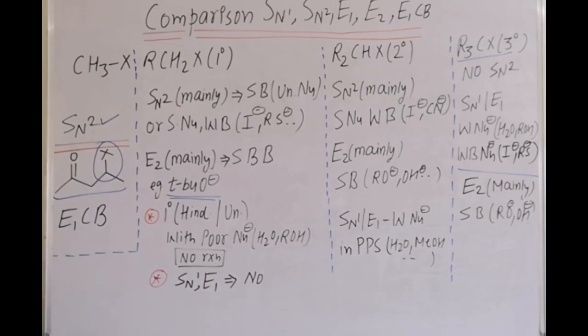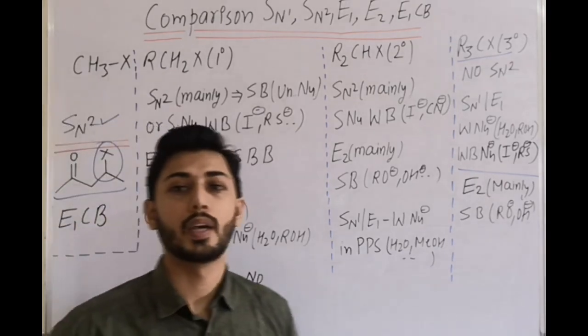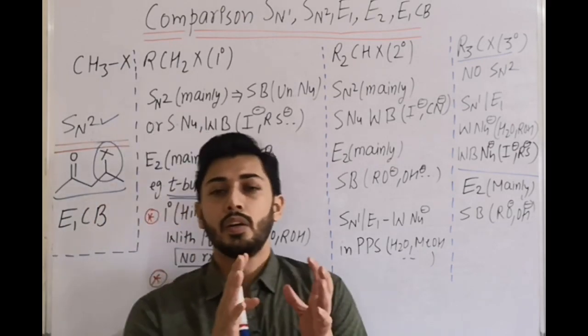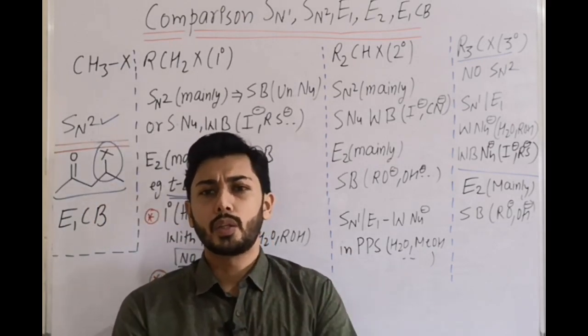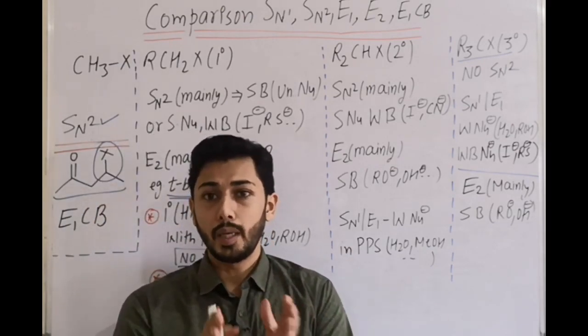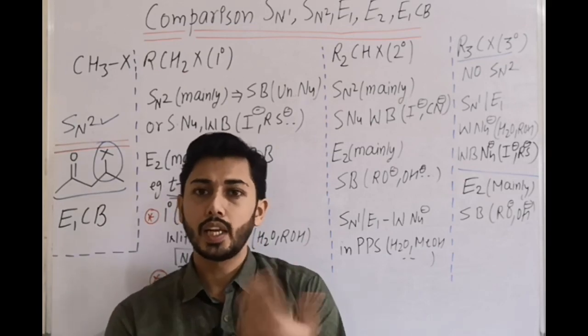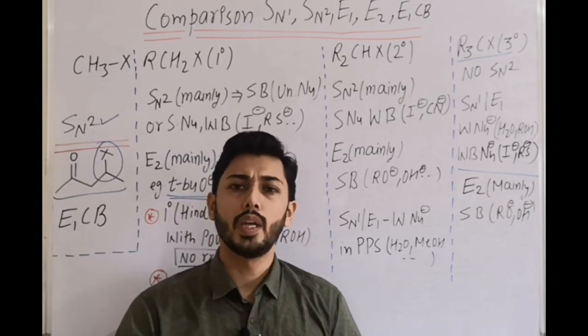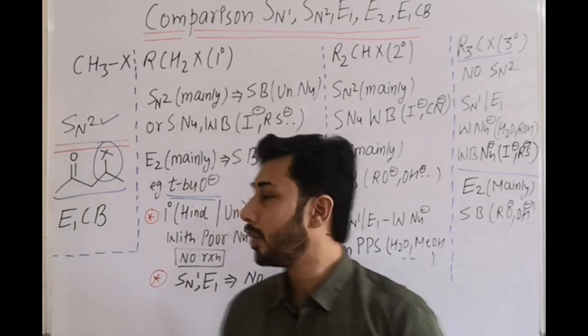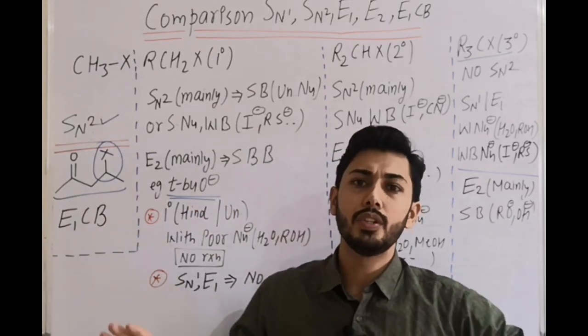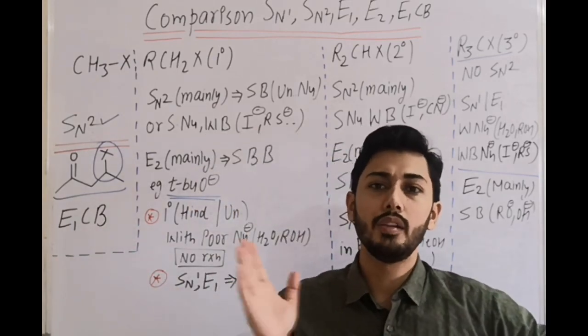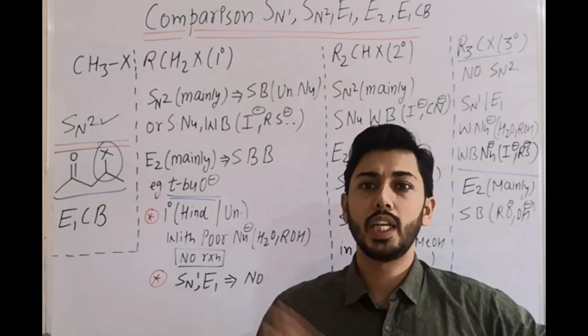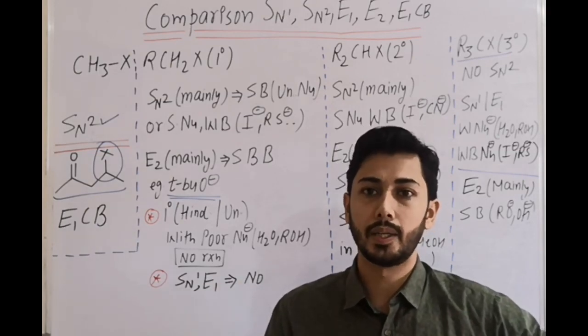That means the product will be formed by E1CB mechanism. So if at the beta carbon, with respect to the carbon which contains the leaving group, a withdrawing group is present like C double bond O, NO2, any withdrawing group, then the product will be by E1CB, whether you take strong nucleophile, weak nucleophile, protic solvent, aprotic solvent, it doesn't matter.